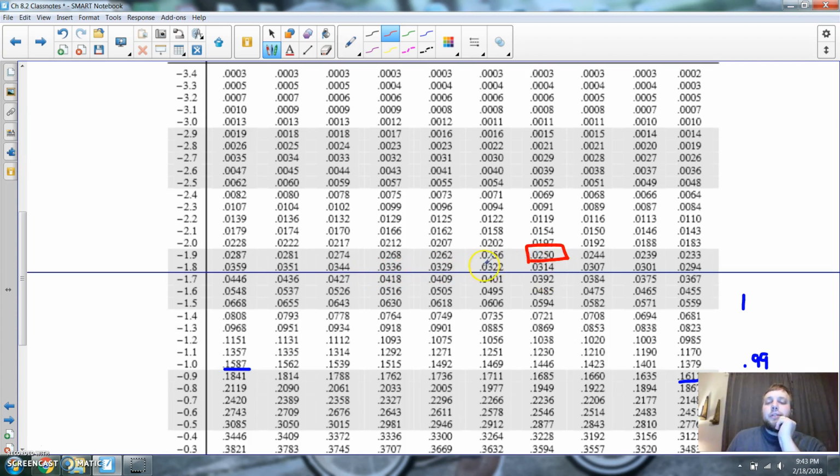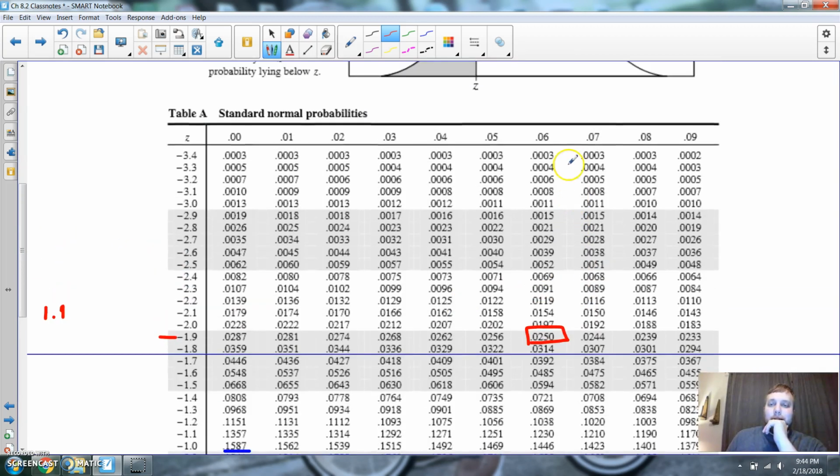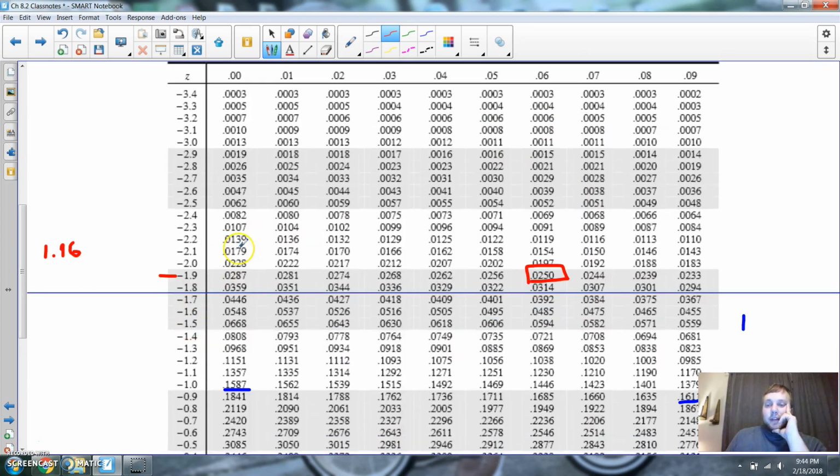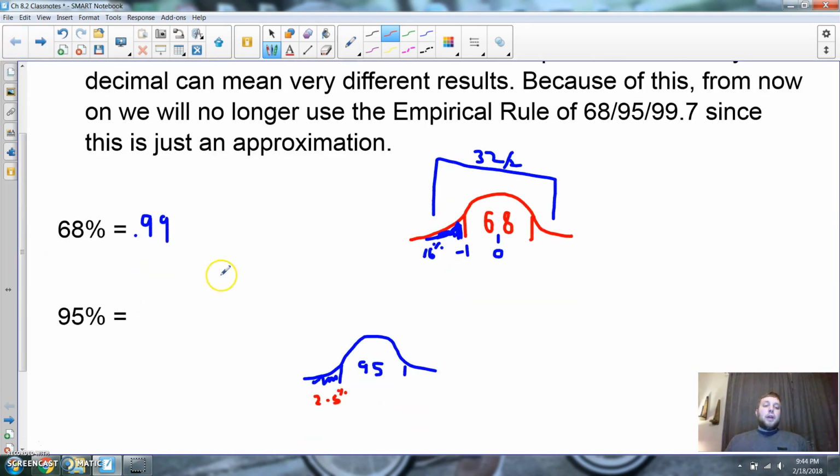Oh, look at that, that's a sweet spot. That is 1.96 away. By the way, I have this one memorized. So the standard deviation means I'm 1.96 away from the center. So instead of putting a 2 down, we will no longer put a 2 down. We're going to put a 1.96. That's how they figure these out.